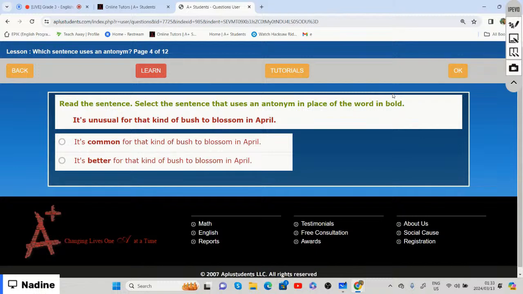It's unusual for that kind of bush to blossom in April.